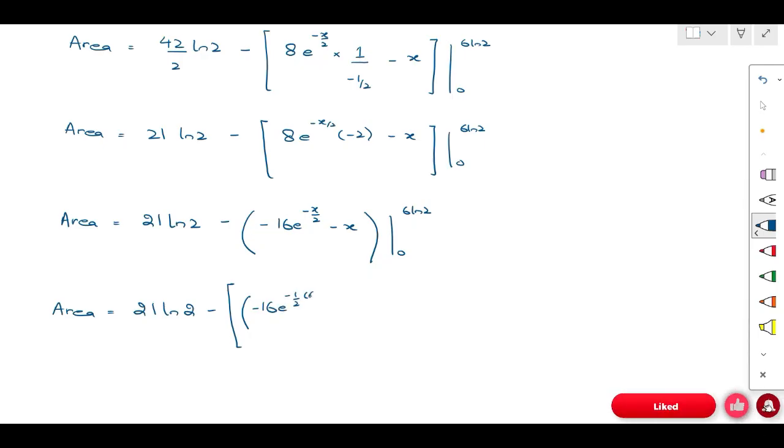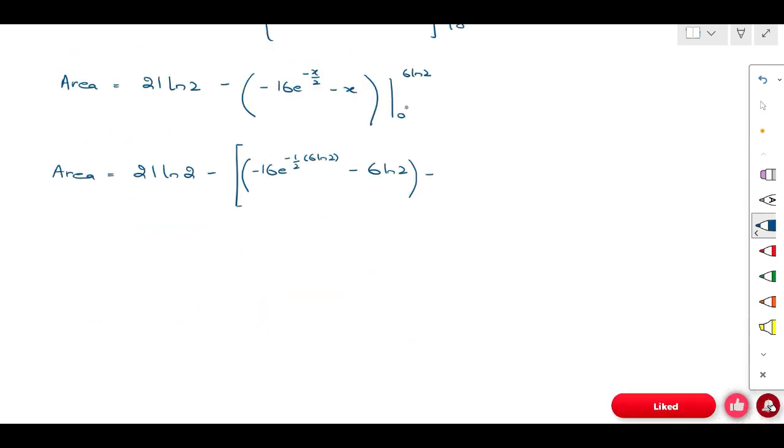The x value is 6 natural log of 2 minus 6 natural log of 2. This is the upper limit minus the lower limit. The lower limit is 0, minus 16 e power minus 0 by 2 minus 0.